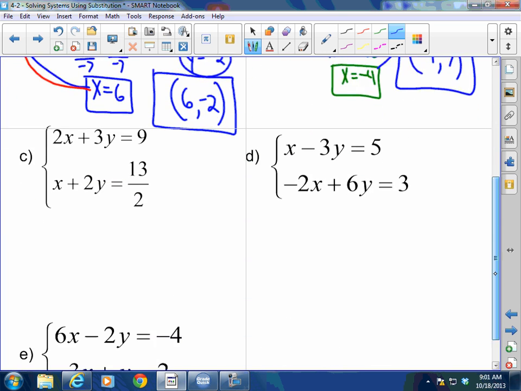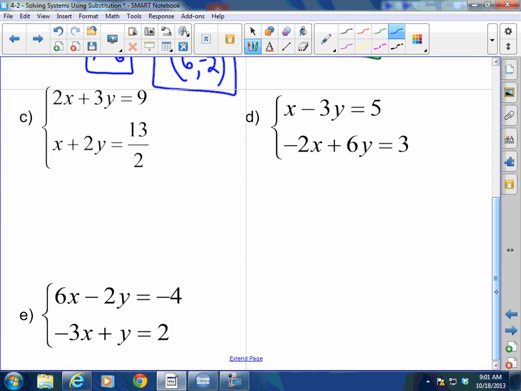Okay, let's do it. Practice, practice, practice. I know it's crazy, but practice, practice, practice. All right. Who do you want to solve for here? You want to solve for the top one? Are you sure that this wouldn't be easier, guys? X equals negative 2y plus 13 over 2.